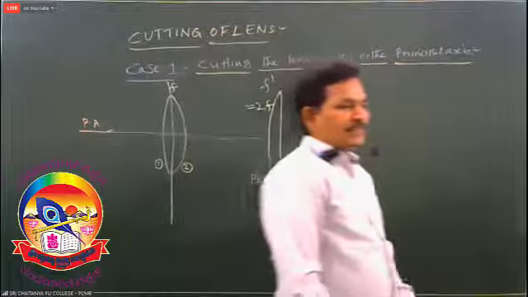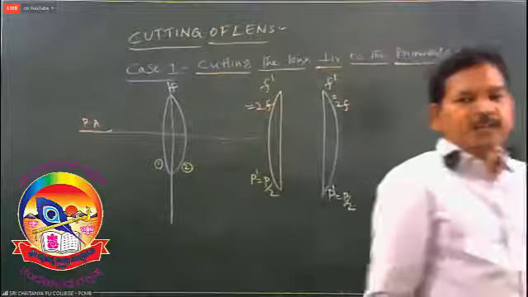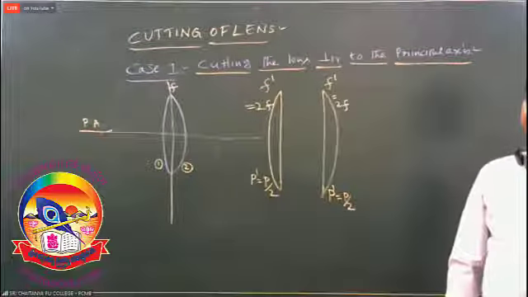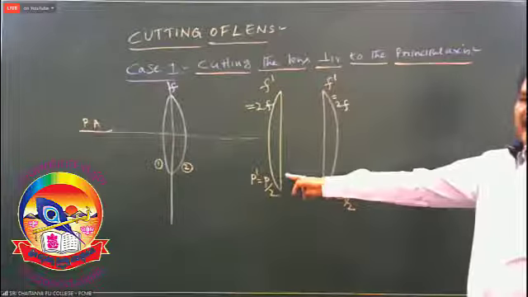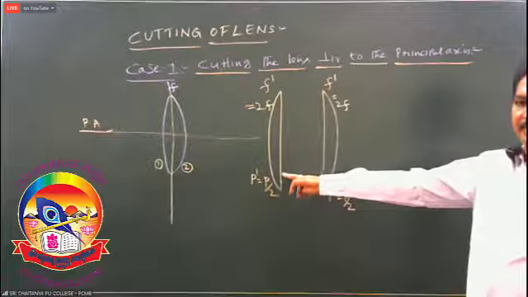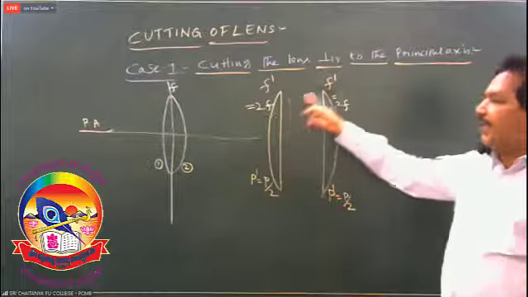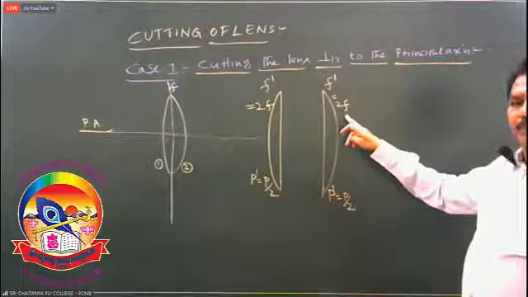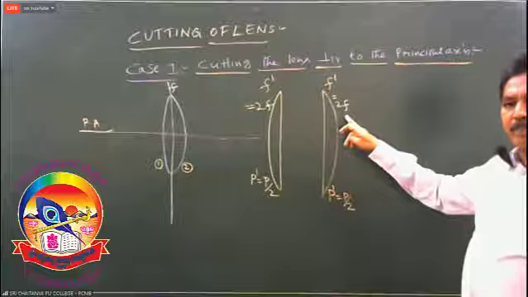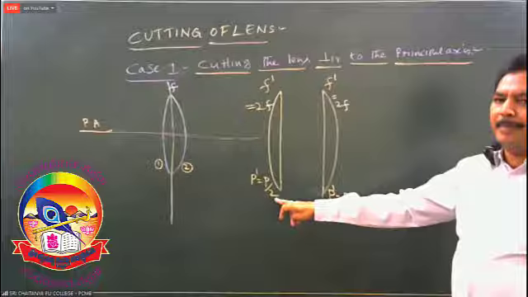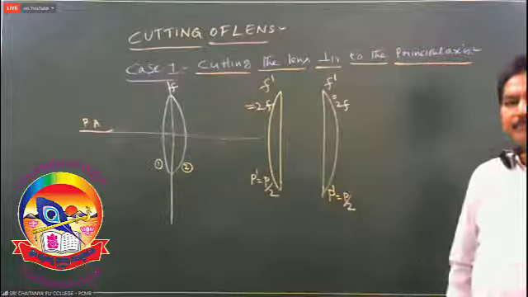Whenever the convex lens is cut into two pieces perpendicular to the principal axis, the focal length of each piece is doubled. F dash is equal to 2f. What happens to the power? The power reduces to half, P by 2 each.